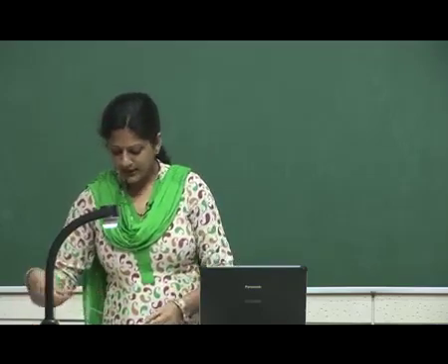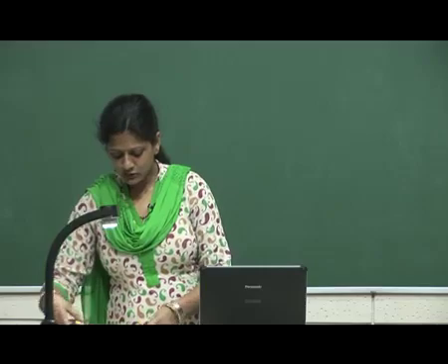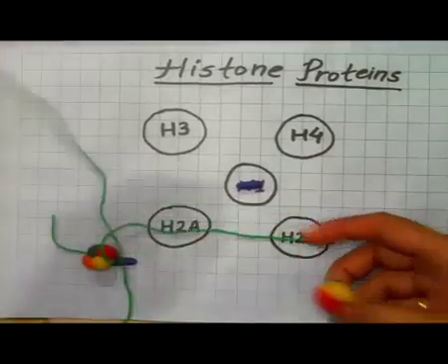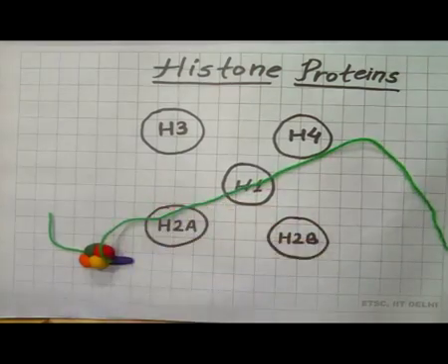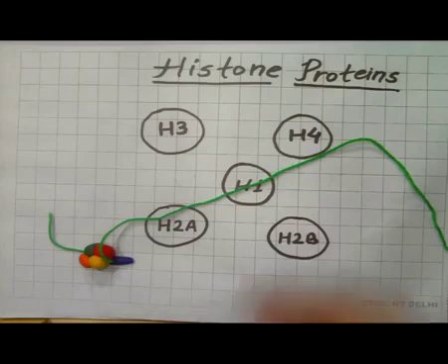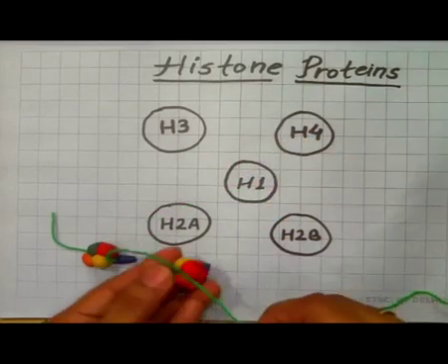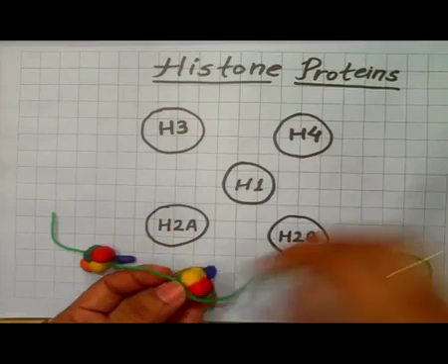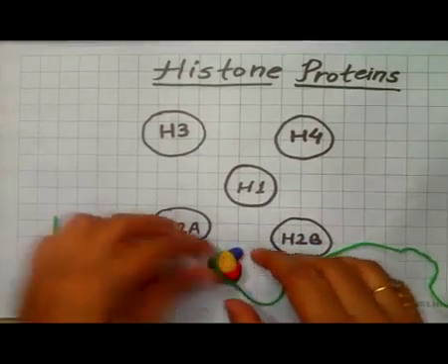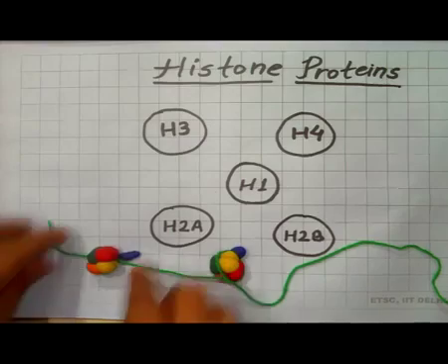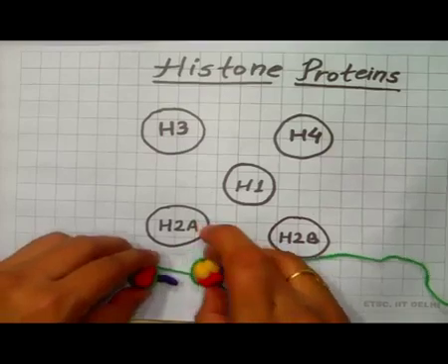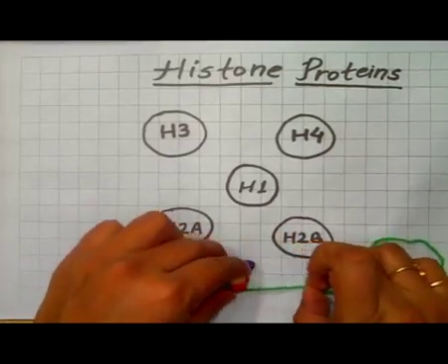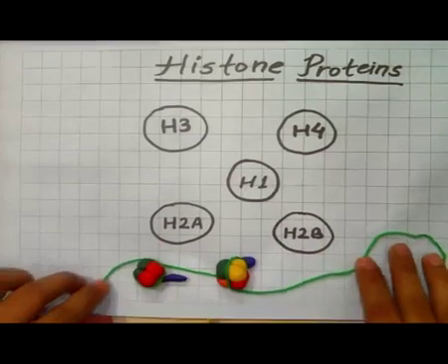So, you can see many nucleosomes inside the nucleus of the eukaryotic cell. So, this way various nucleosomes you can find inside the nucleus of the eukaryotic cell.